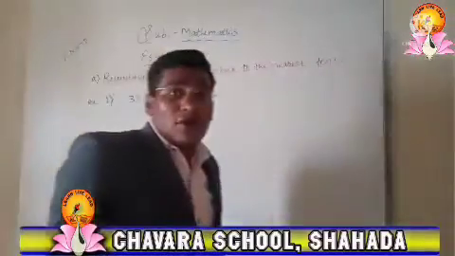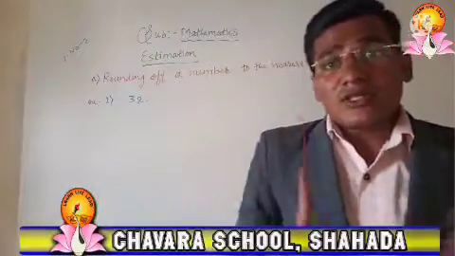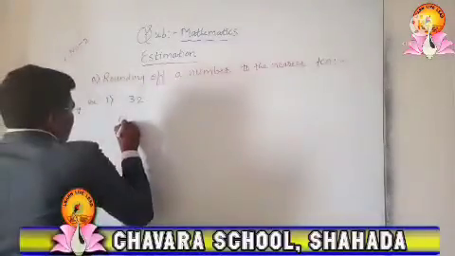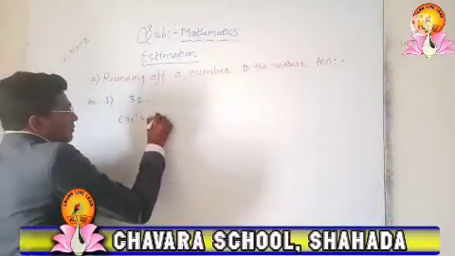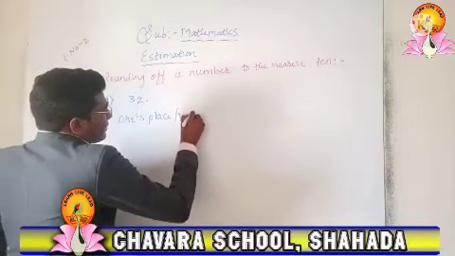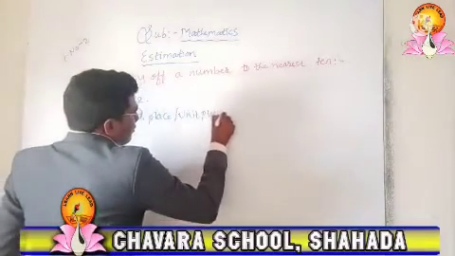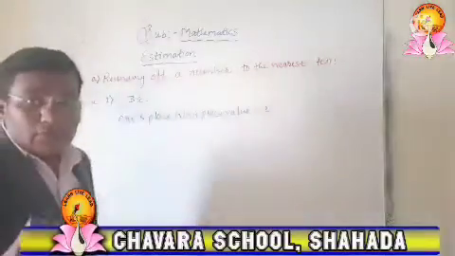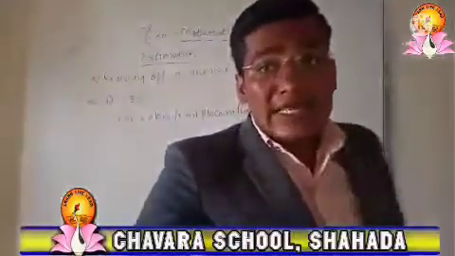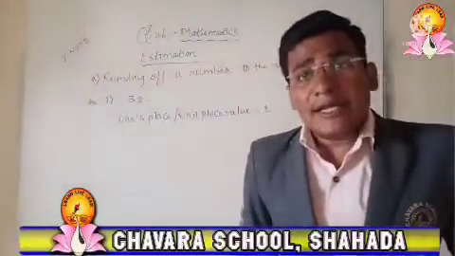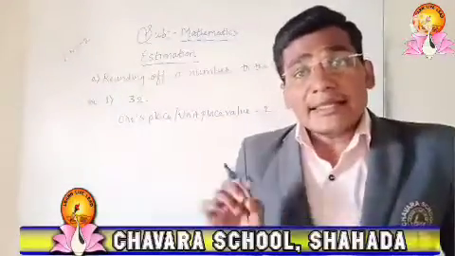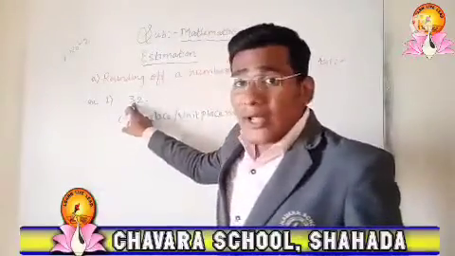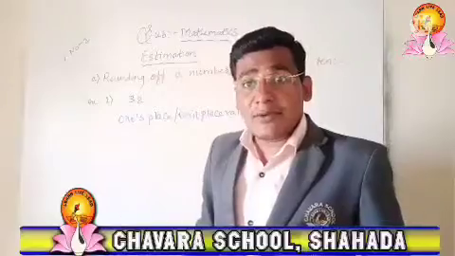Before rounding off a number to the nearest 10, the first rule is you have to look at the unit place, or ones place. The ones place value is 2. If the unit place value is less than 5, then this 2 is going to become 0, and the tens place value 3 will remain as it is.